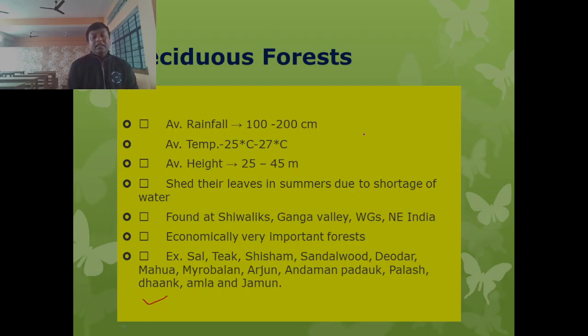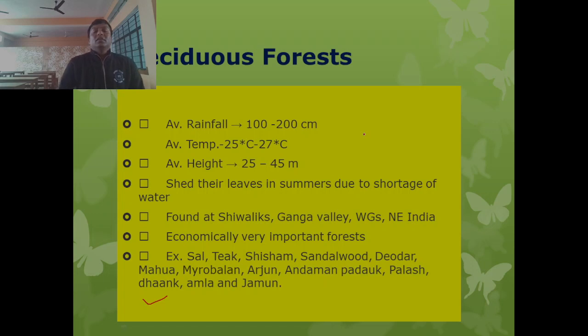As you see in this slide, we have sal tree, teak tree, shisham tree, sandalwood, deodar, mahua, myrobalan, arjun, and Andaman padauk, palash, dhaman, amla, and jamun.